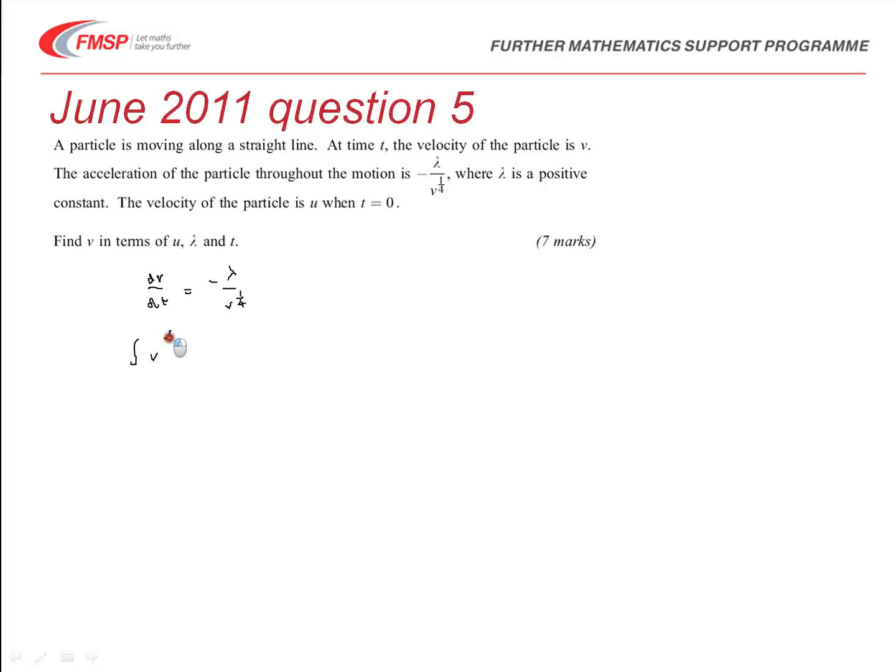So we bring the v across to the left hand side with the dv, and then that will equal the integral of minus lambda dt.